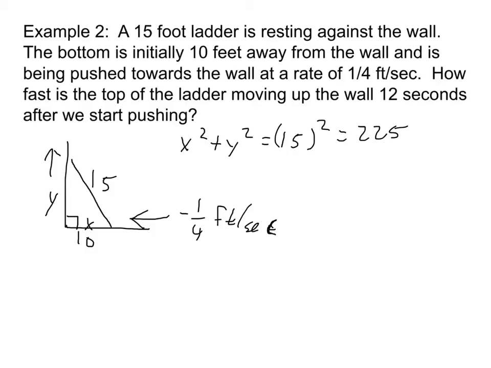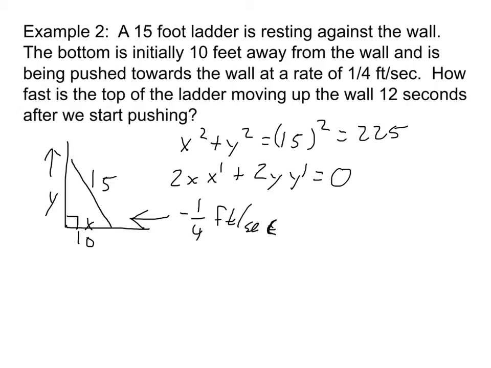And if we wanted to find how these would change compared to each other, we would take the derivative of that, and you get 2x x prime plus 2y y prime equals 0.